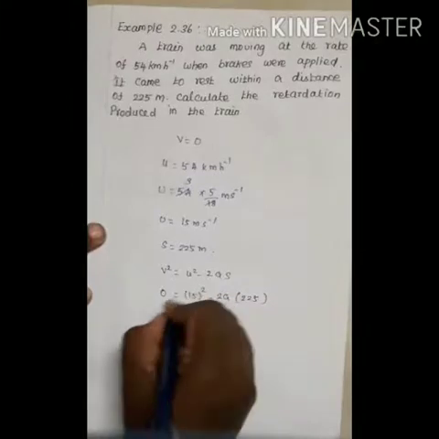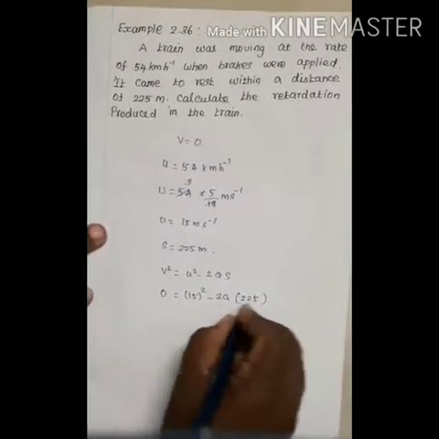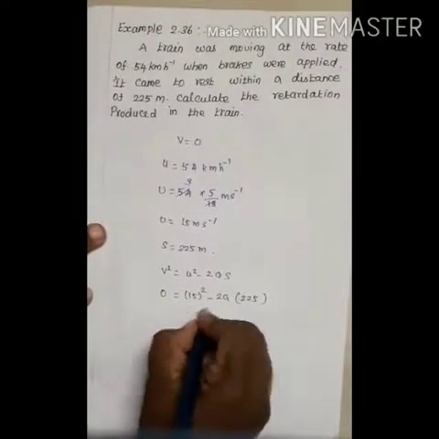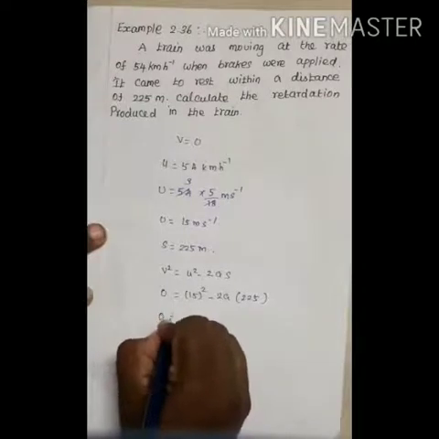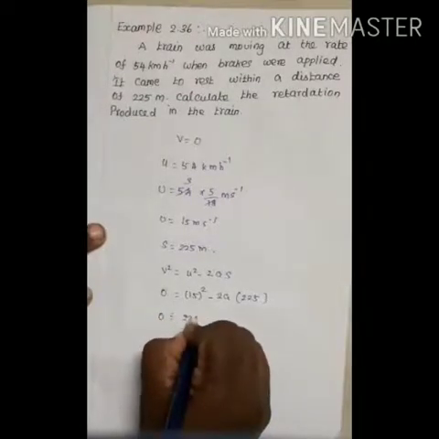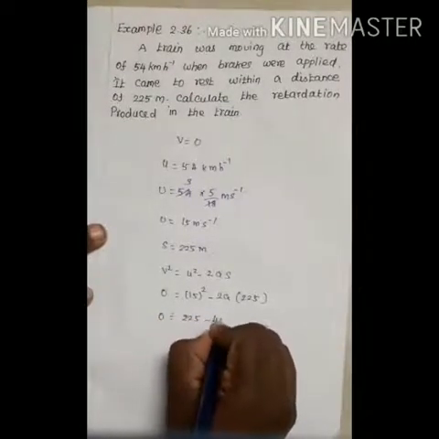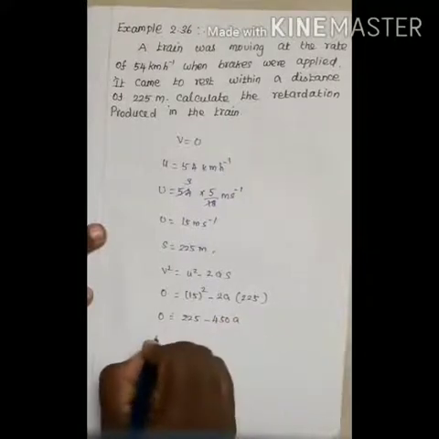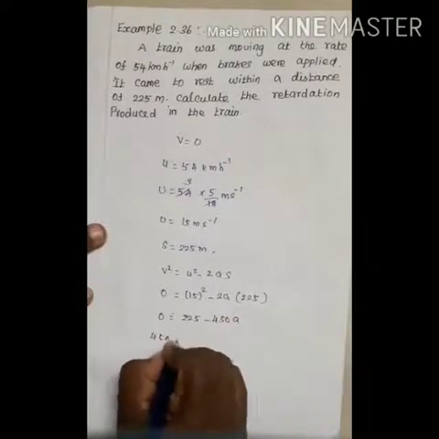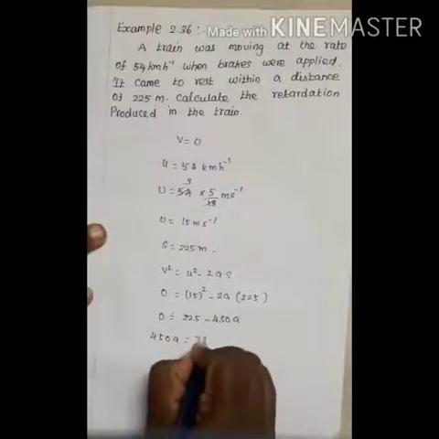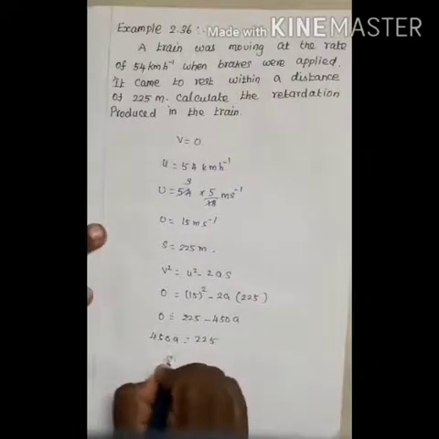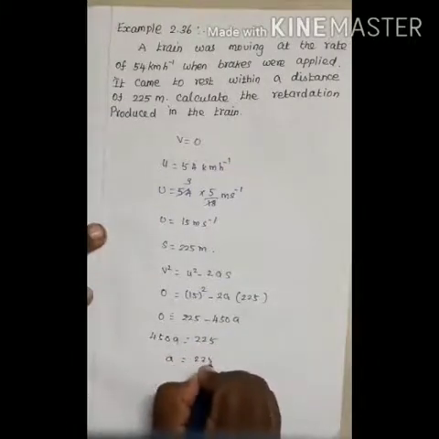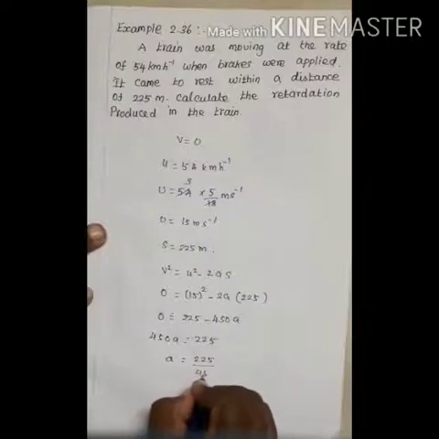Therefore, simplify this equation. 225 minus 450a is equal to 0. Therefore, 450a is equal to 225. Therefore, a is equal to 225 by 450.